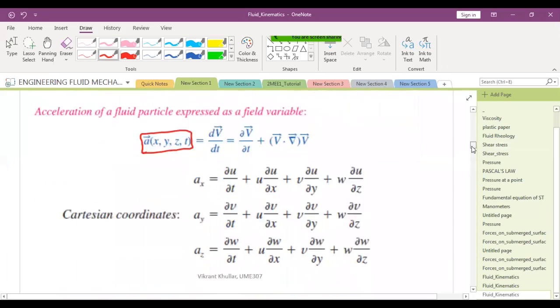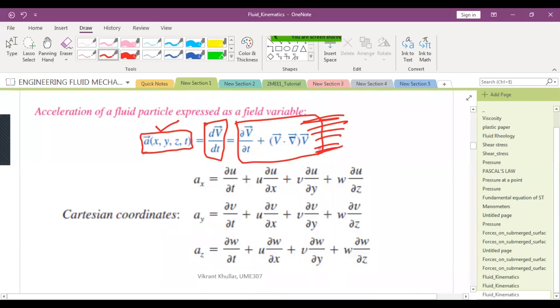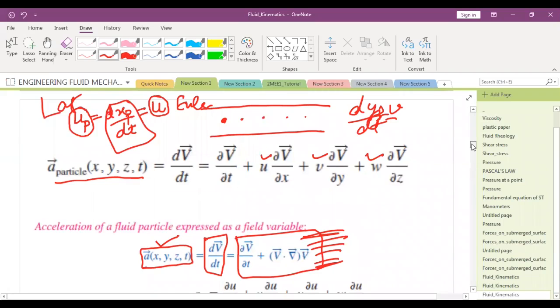So finally, I get this expression, that is acceleration field is equal to this, and this is equal to this. How many of you are clear with this? How did we get this? Is this clear to everyone? Any doubts to anyone in this?